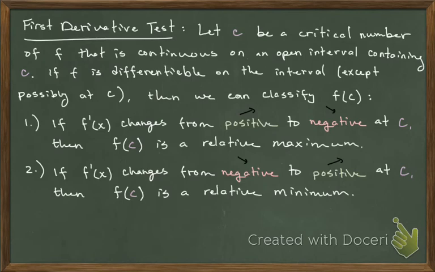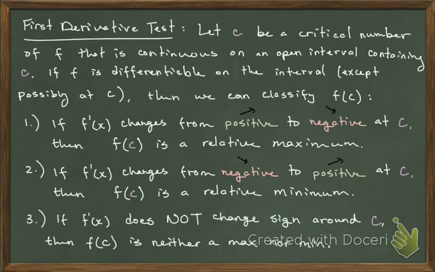Follow the arrows. And lastly, there's of course a case where we have really no information. f prime of x does not change sign around a critical number. It's possible. Doesn't seem like it, but it absolutely is. I can have a function that doesn't change sign around a critical number, in which case I have neither a max or min. Think of f of x equals x cubed.